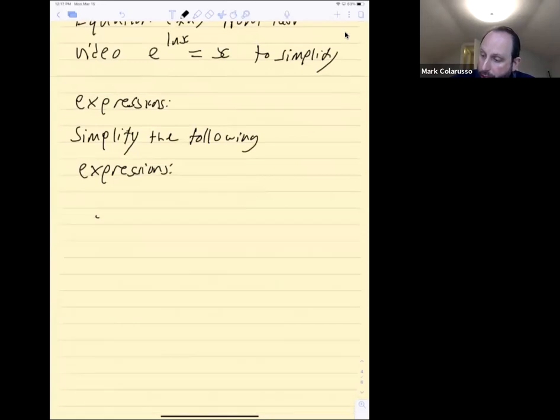e to the ln x plus ln 2, that's the first one. And the second one is e to the 6 times ln x squared. Okay.